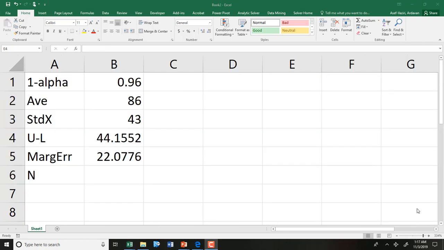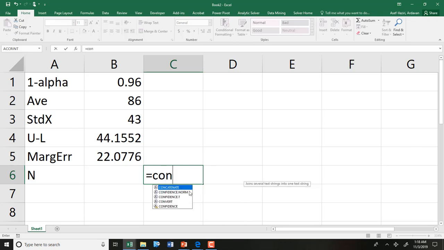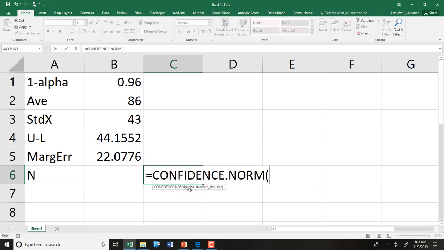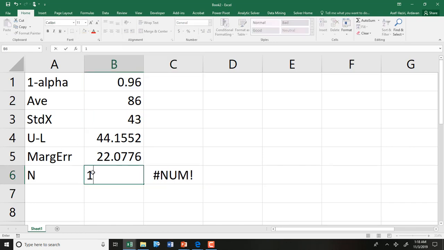Let me show you one last technique. Equal to confidence norm. What is your alpha? 1 minus this. What is your standard deviation? This is my standard deviation. What is your sample size? This is my sample size, and enter. Let me enter 1 here.